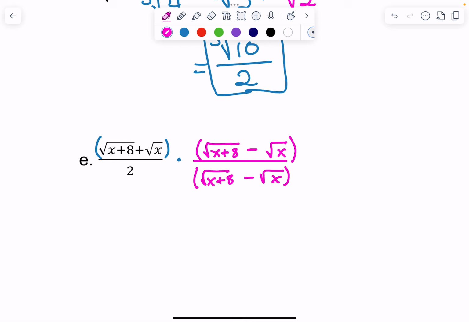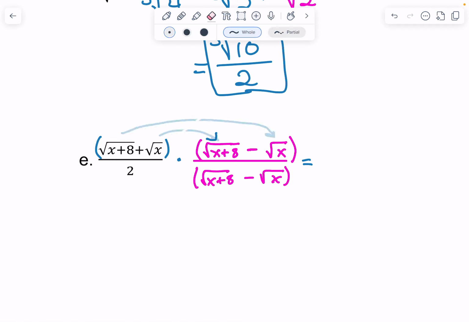Okay. So again, if I do my FOIL up on the top here, you can see my outer terms would be the square root of x times the square root of x plus 8, and it would be negative. And my inners would be the square root of x times the square root of x plus 8, but it would be positive, and so those are going to cancel each other out again.